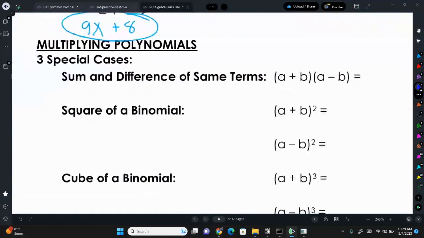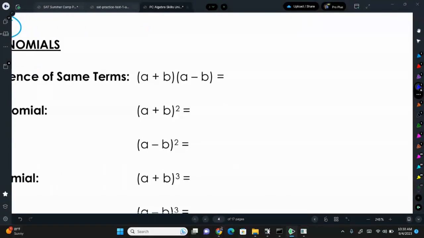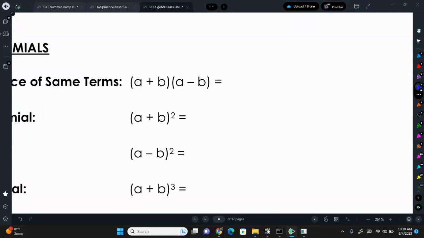Now, when we multiply polynomials, we have some special cases. One of them is the sum and difference of the same terms. When we were doing multiplying by the conjugate in the radical section, our conjugate followed these same rules. You could multiply this out by foiling first, outside, inside, last, but when you do that, you're going to see that the middle terms are going to cancel out.